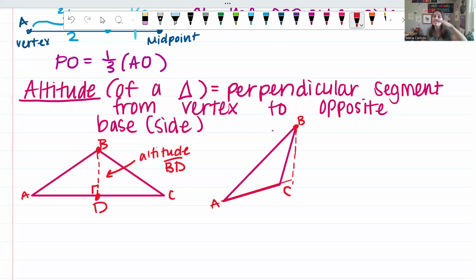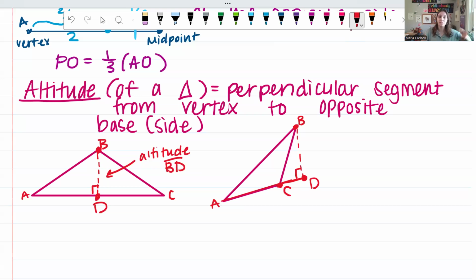We have to extend the side further to find where it will intersect. So here, if we extend side AC out further, then I can construct the altitude from B perpendicularly down to AC. So now maybe I have this new point over here, D.